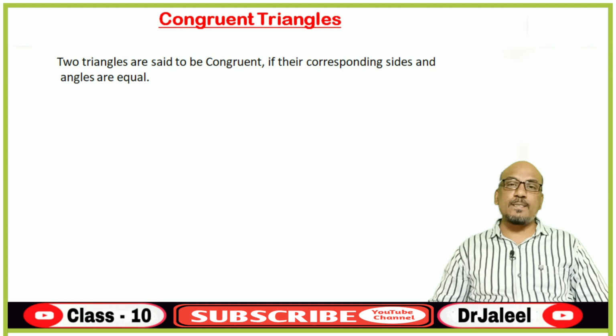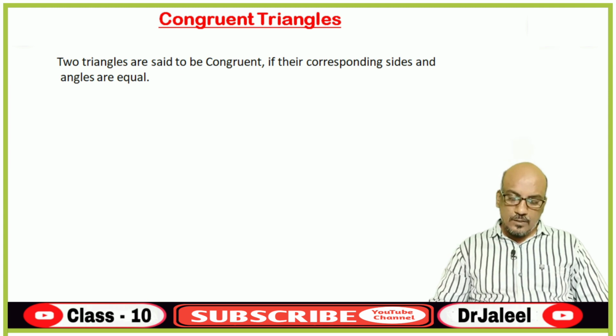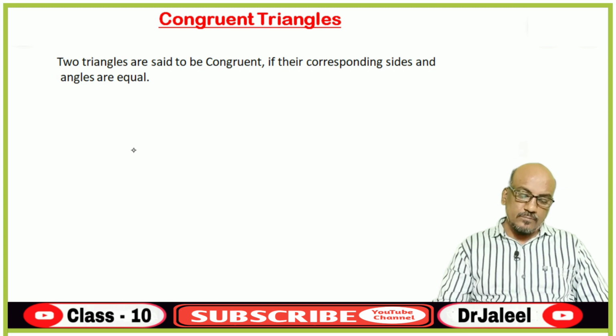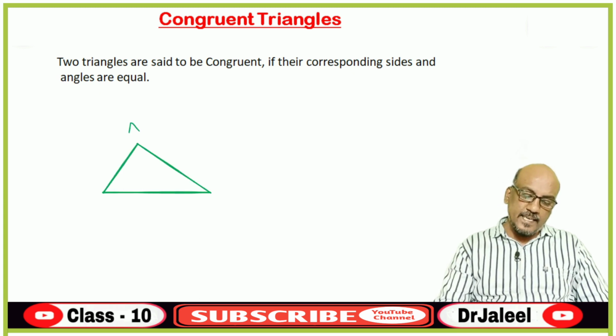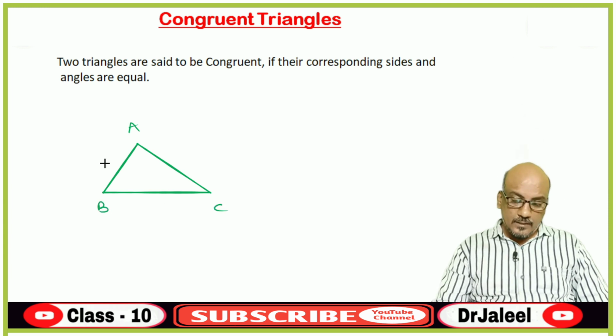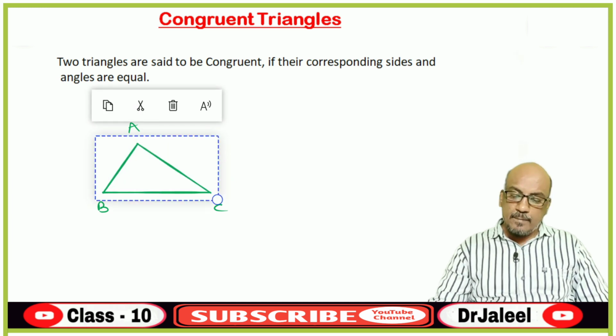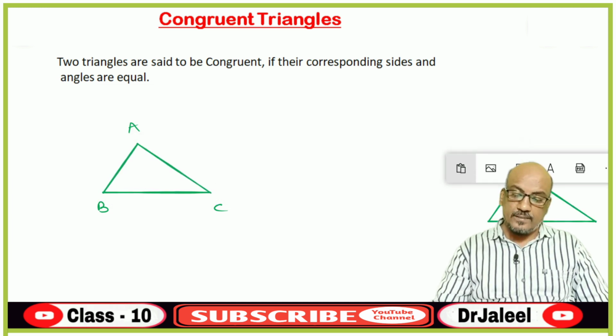Children, one of the most important concepts, congruency of triangles. Let me take a triangle here. I am taking A, B, C. Now I am taking this triangle and making another copy of it.